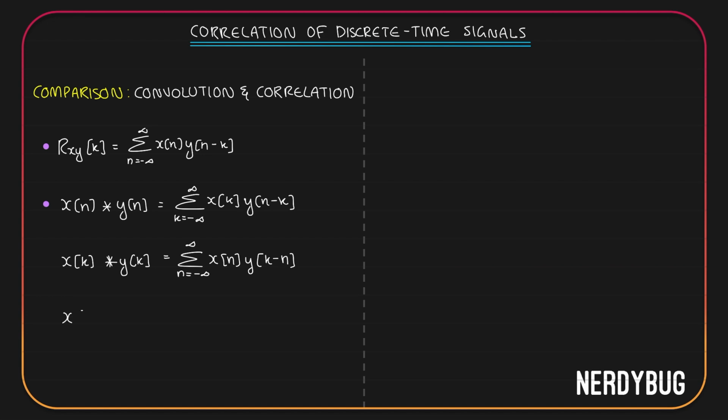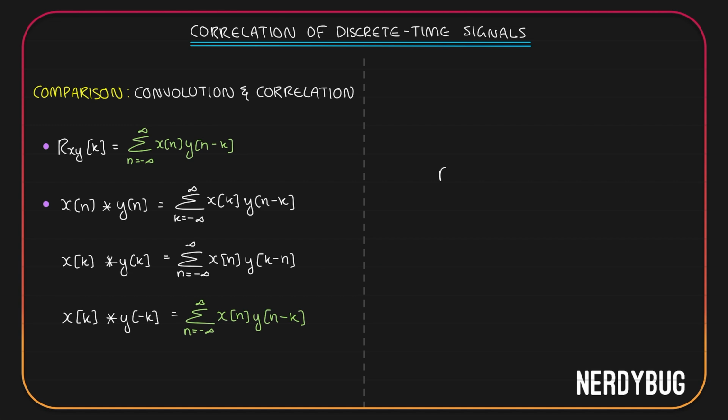Again, what if I want convolution of x of k with y of minus k? Summation from n equals minus infinity to infinity. The first function has not changed, so I will still get x of n. The second function has been reversed, so y of n minus k. But this is the same as this. So we can conclude Rxy of k is equal to the convolution of x of k and y of minus k.